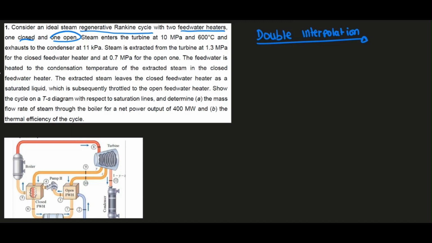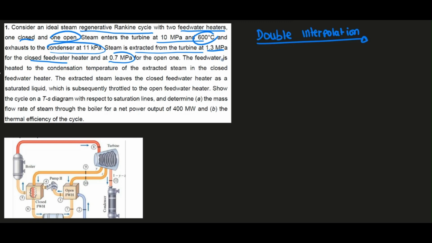Now steam enters the turbine at 10 megapascal at that temperature, and it exits the turbine to the condenser at the pressure of 11 kPa. Well, some steam is also extracted from the turbine at 1.3 megapascal. This goes to the closed feed water heater. Then we have 0.7 that goes to the open feed water heater.